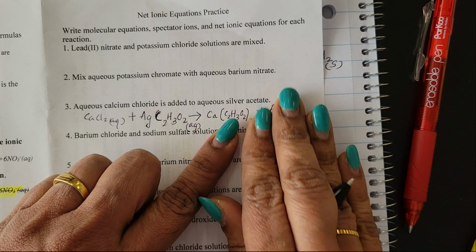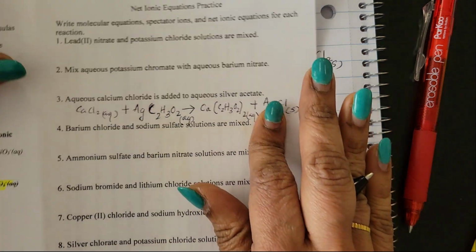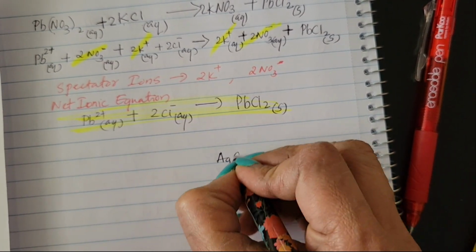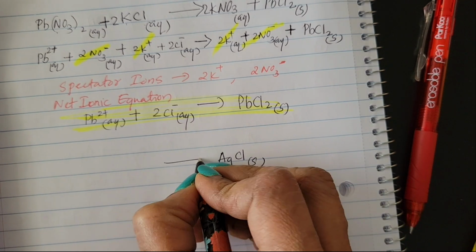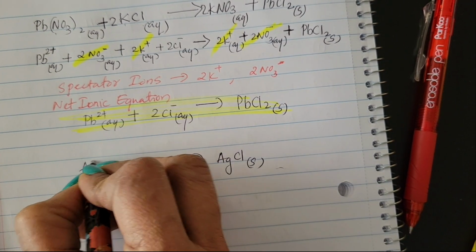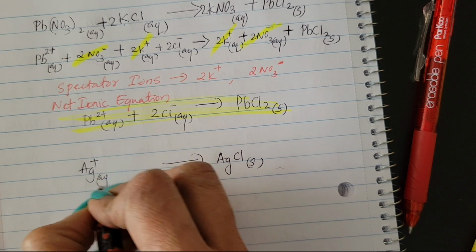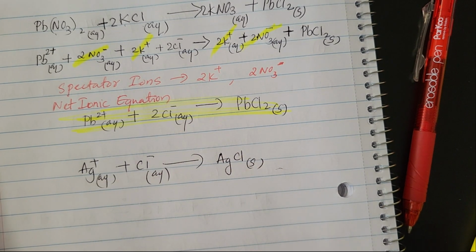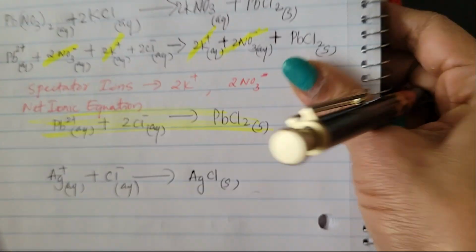Okay, which one is the precipitate here? Okay, my net ionic equation is this. AgCl will form from what? Ag plus AQ plus Cl minus AQ. That's it. You got the net ionic equation.